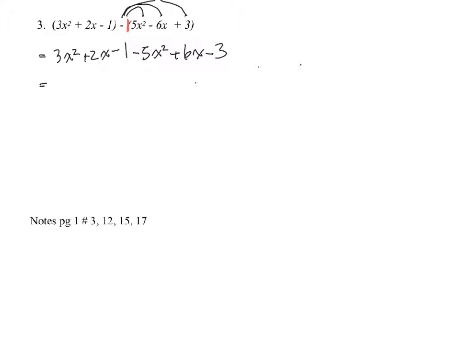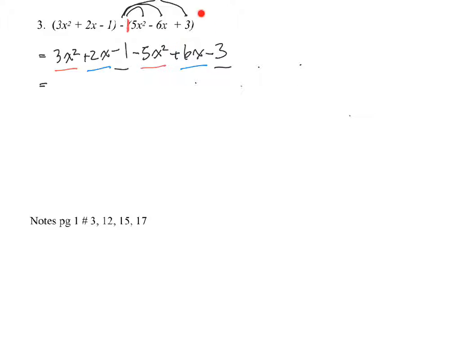So let's go and collect our like terms. Notice we have 3x squared and minus 5x squared. We're also going to have 2x and plus 6x. And finally, we have minus 1 and minus 3. Now, notice what happened with everything in this bracket.